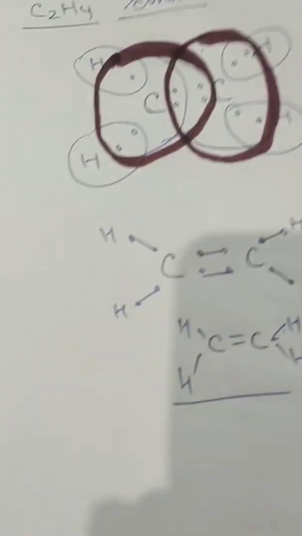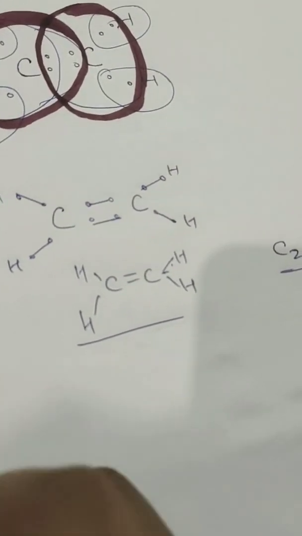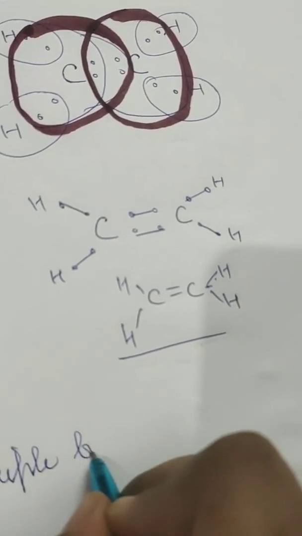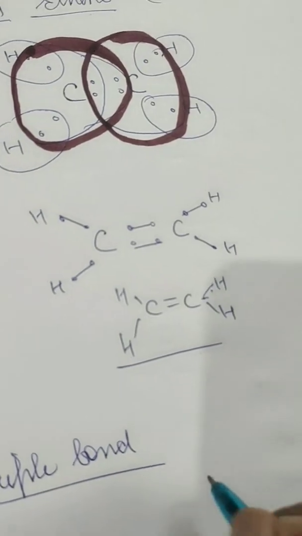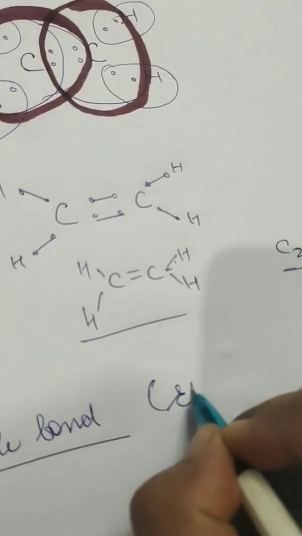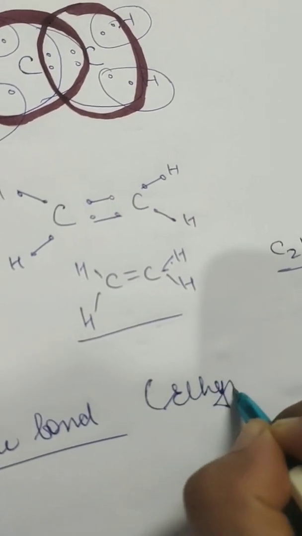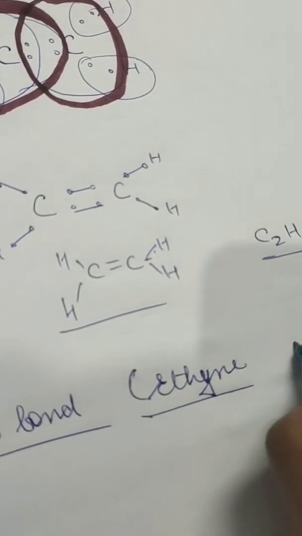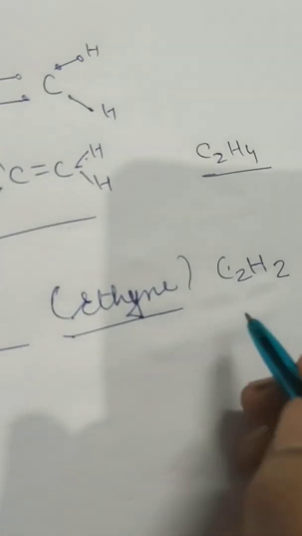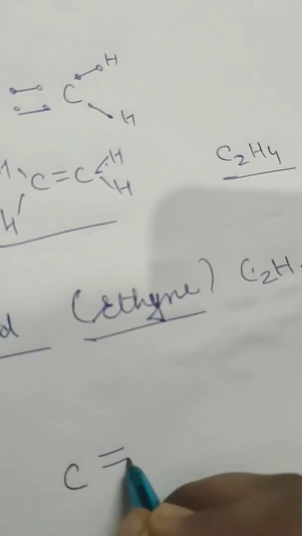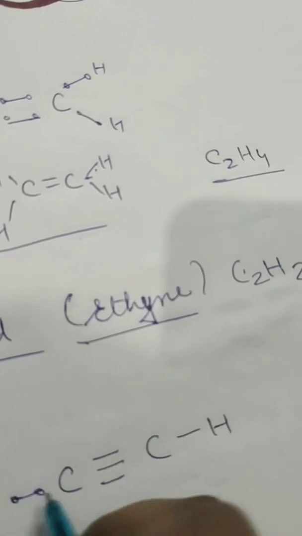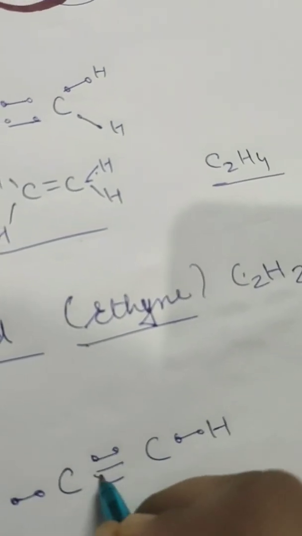Okay, so next is triple bond. A triple bond example would be ethyne. This is also a hydrocarbon, C2H2. So here only H is 2, so C will be forming a triple bond with the other carbon atom, and it will be using only one hydrogen to share the electrons, because carbon has 4 electrons.